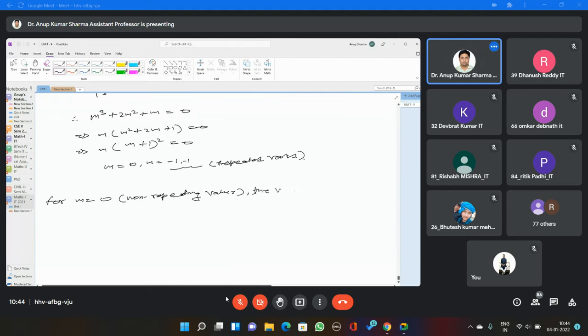The value of c, that is the intercept, because we assume that the equation of any asymptote is y is equal to mx plus c.